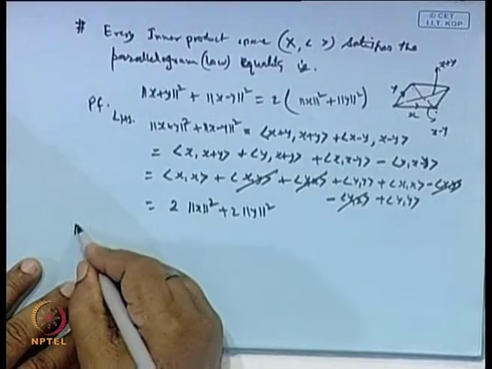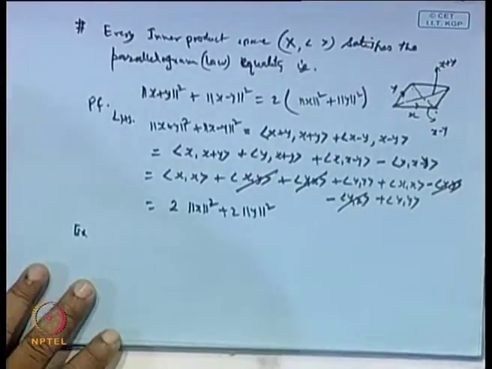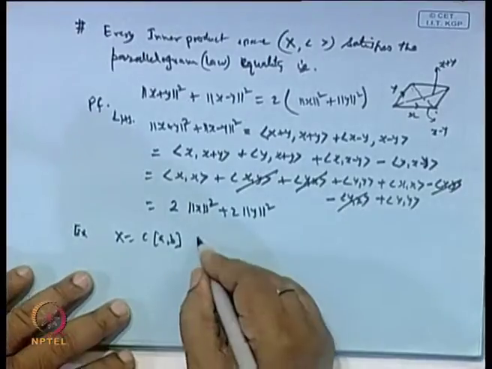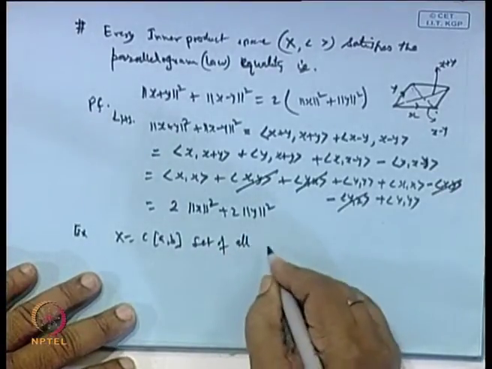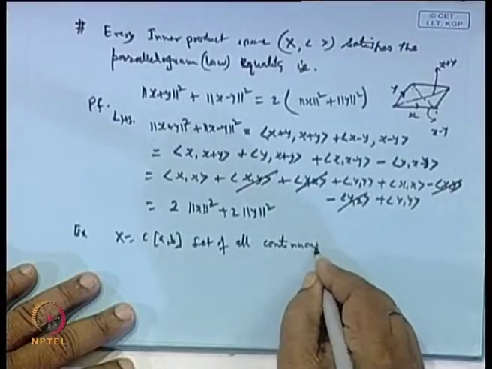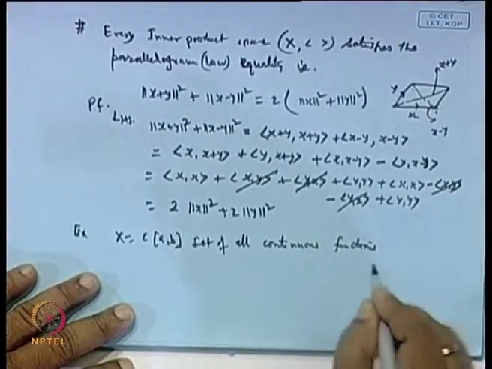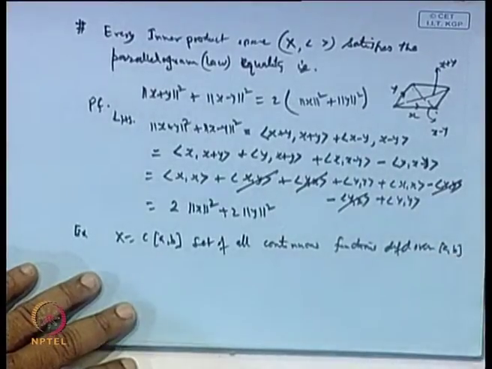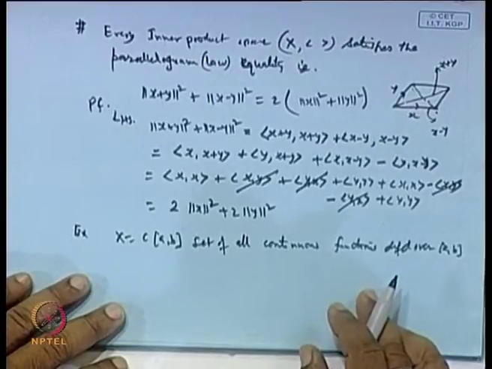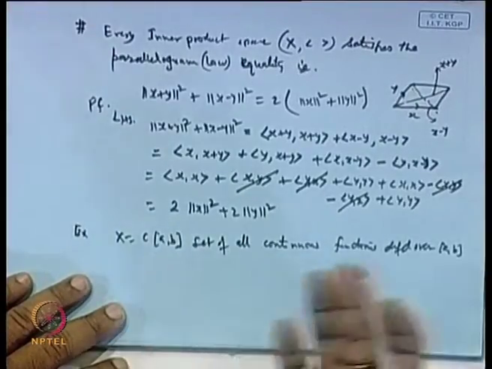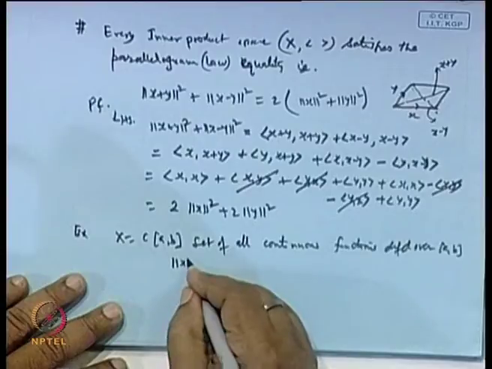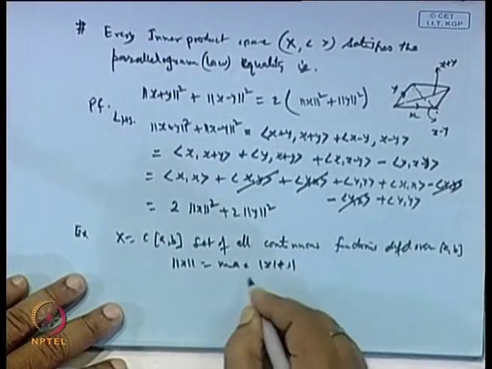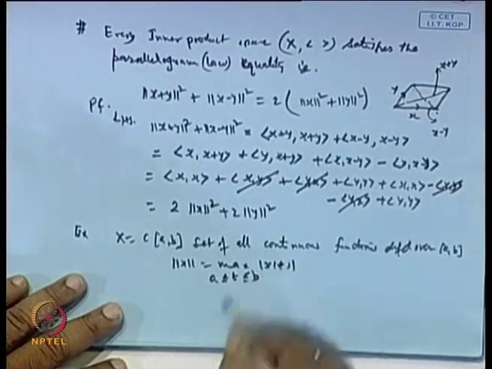For example, if I take X as C[a,b], the set of all continuous functions defined over the closed interval [a,b]. Since it is defined over a closed interval, it will attain its maximum and minimum value, and the norm of x is defined as the maximum of mod x(t), where t ranges from a to b.